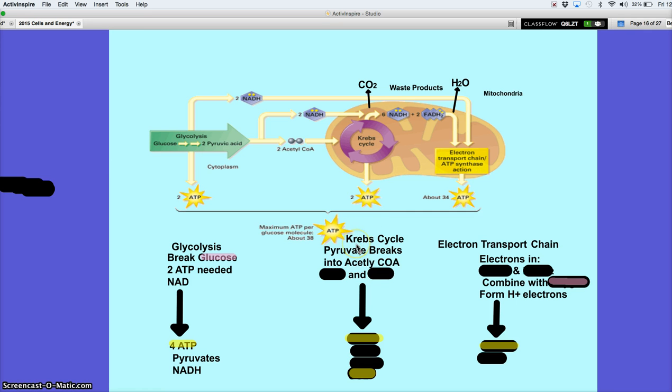What else goes into Krebs? NAD and FAD. My pyruvates that turn into acetyl, NADs and FADs all in the mitochondria, making what during Krebs? NADH, FADH, 2 ATPs, and CO2. And the waste, which is CO2. Good job, guys.